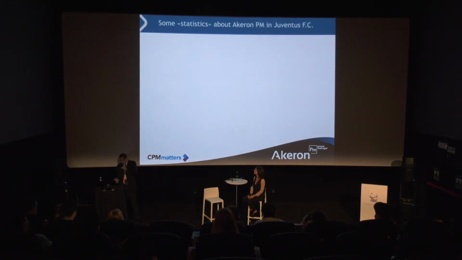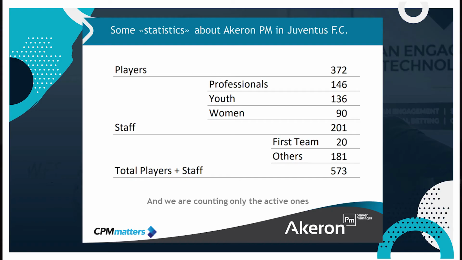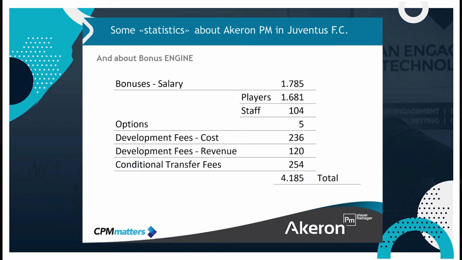Just some statistics about Juventus. We are counting only the number of players. The system actually has about 370 players divided by professionals, youth, women, and about 200 staff. These are the contracts, and we are counting the active ones, not the past.